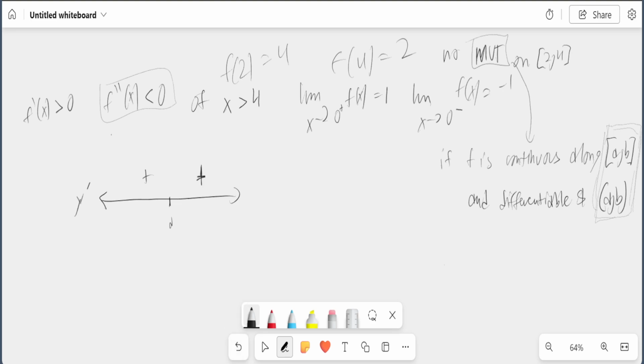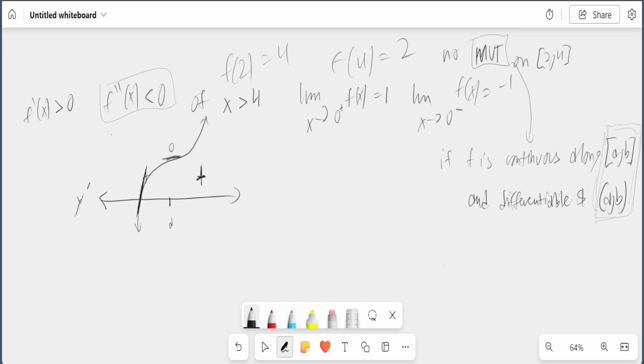If it goes positive to positive, then yes, it is a point of inflection. Is it always a point of inflection? Yes. The reason is you had some positive value here, and here it's 0.